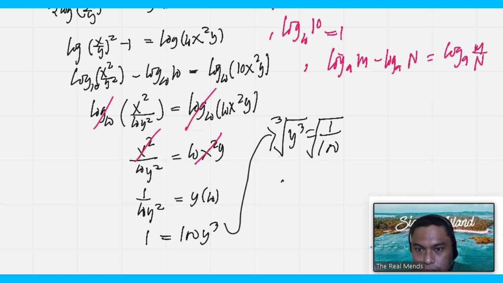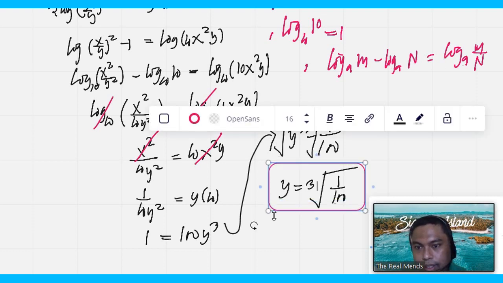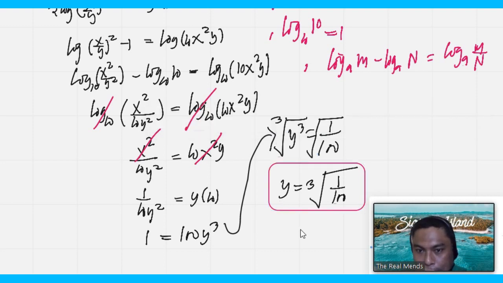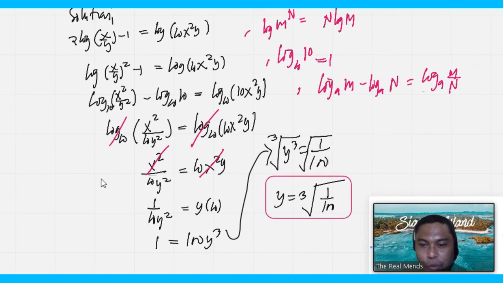So y is just equal to the cube root of 1 over 100. So therefore, this will be our final answer: y is equal to the cube root of 1 over 100. So for now, we're done solving those 5 problems.